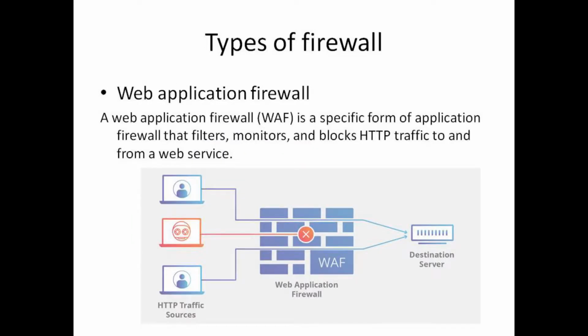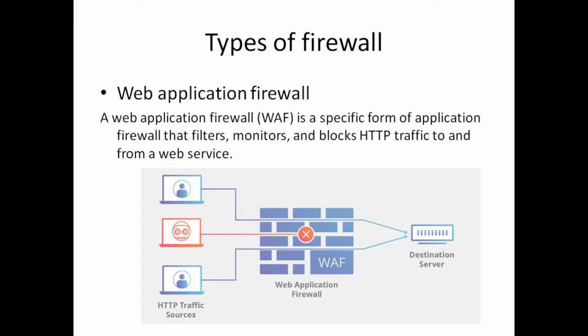The other type is the web application firewall. The difference between the web application firewall and the packet filtering firewall is that the packet filtering firewall monitors the network of the organization or company, but the web application firewall is made particularly for web servers or web application portals. A lot of attacks happen on web applications, so the web application firewall filters only web application attacks.